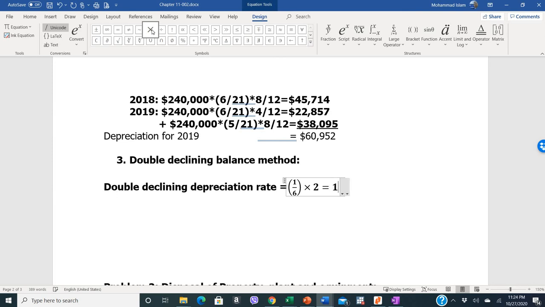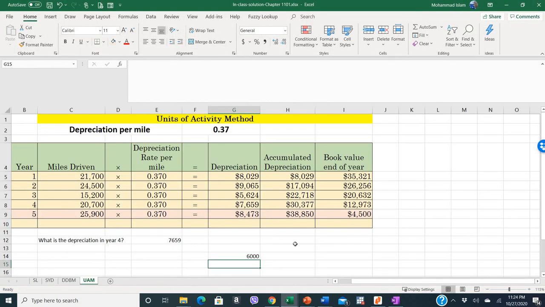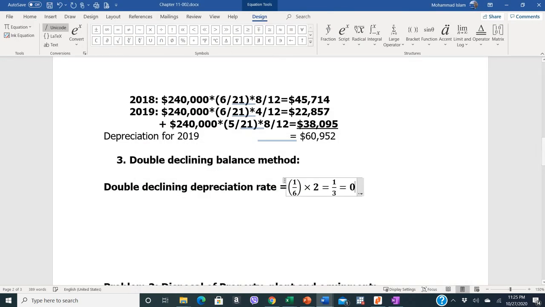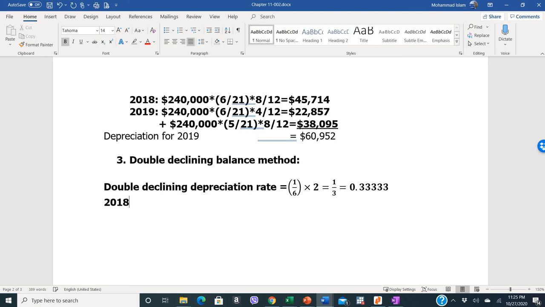So 1 over 3. This is the double declining rate. Or we can say this is 0.3333. Let me show you in Excel: 1 over 3 is equal to 0.3333.